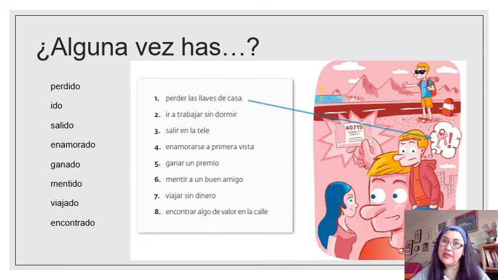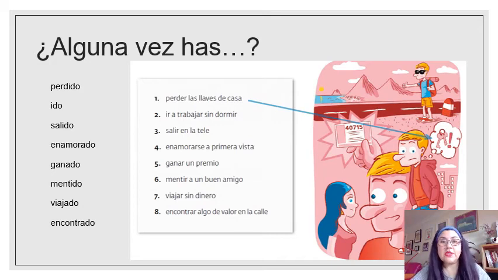Have you ever traveled without money? I guess it must be exciting. Y número 8. ¿Alguna vez has encontrado, have you ever found, algo de valor, something valuable, en la calle?